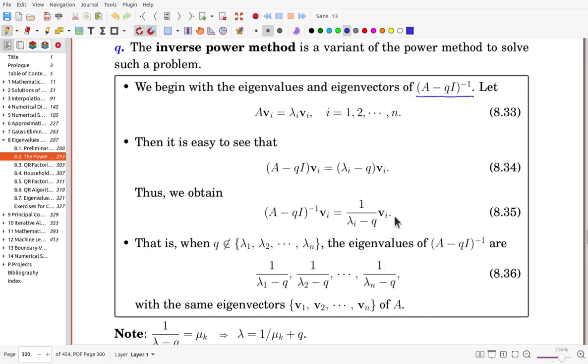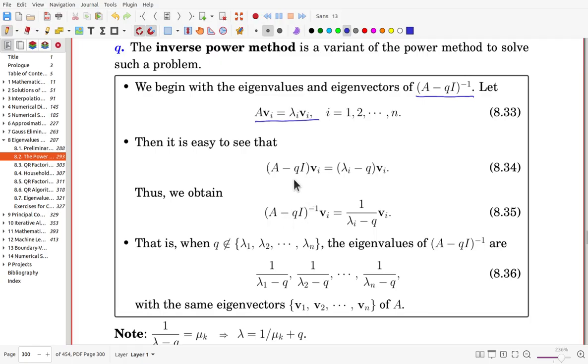Okay, in this derivation, start with matrix A. Okay, it has eigenvectors vi and corresponding eigenvalue lambda i. Okay, start with this one. Once qI is subtracted, then on the right side the eigenvalue becomes lambda i minus q. Okay, from here, you can get it quite easily.